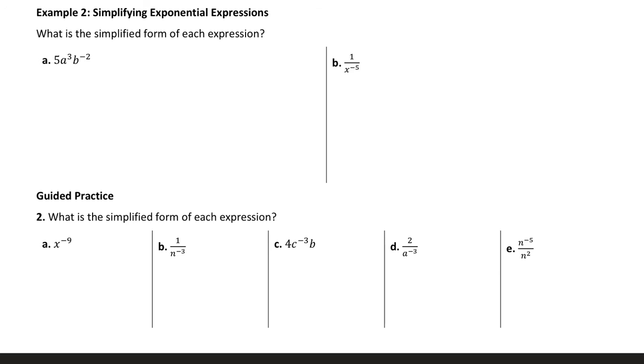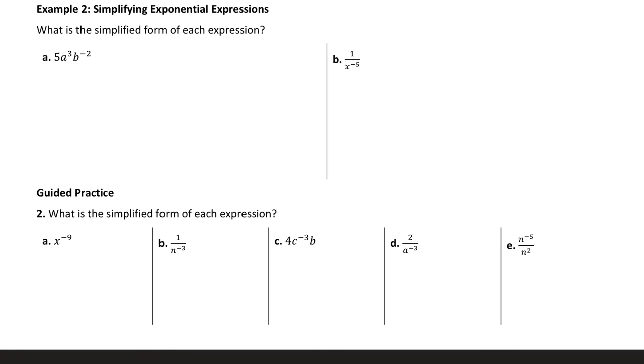Example 2 is simplifying a little bit more complex expressions. In example 2, part A, we are just looking at this as a fraction. I can write this as being over 1. I'm going to take all of the things being raised to a negative power and create the reciprocal.